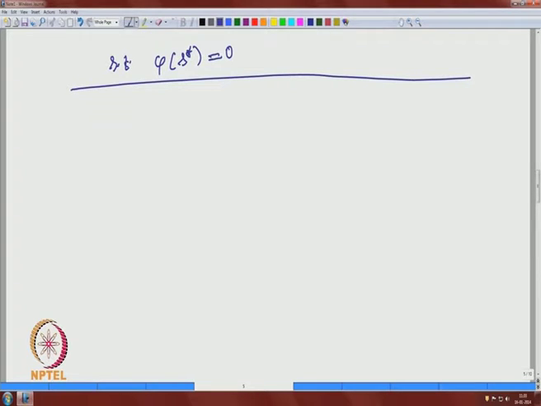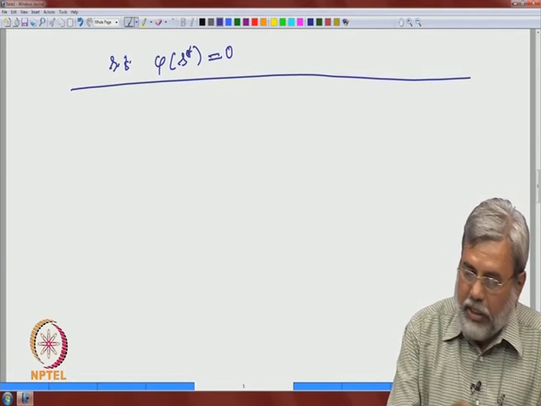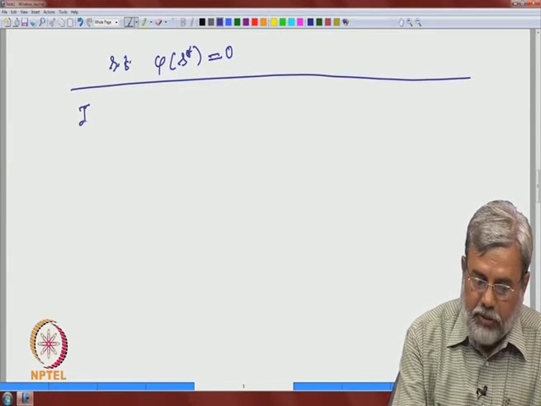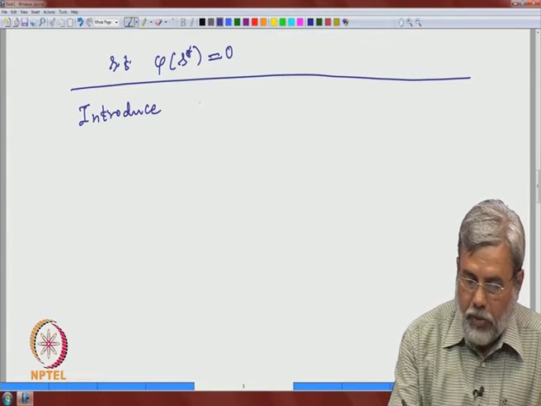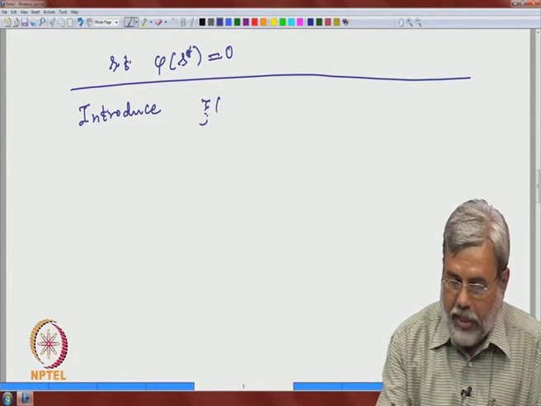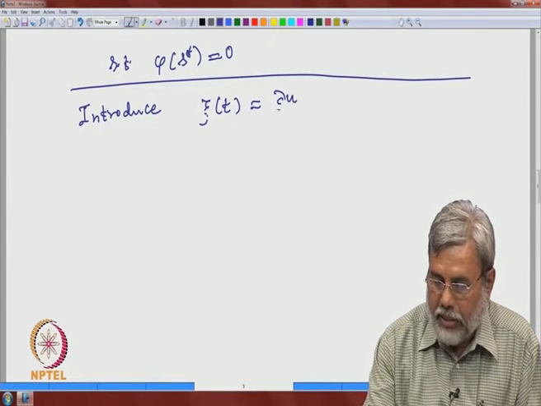Okay. Now, coming back to the proof. You have to establish that d phi by ds is bounded away from 0. Okay. So, for this we introduce something. Introduce xi(t, s) equal to du by ds.